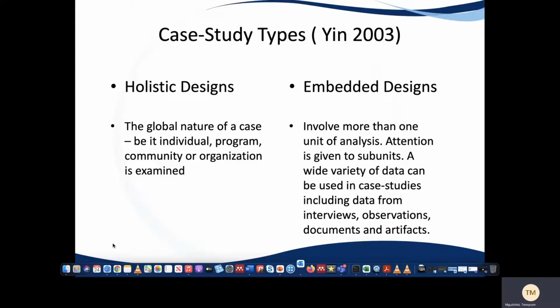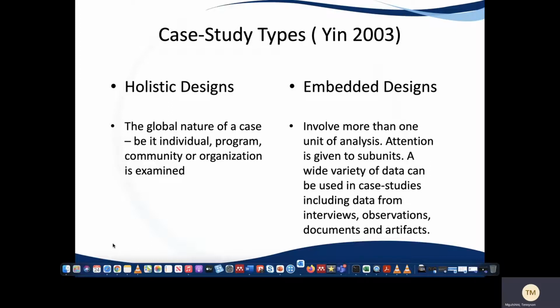Whereas an embedded design is interested in the fact that you may have a case analysis approach to something, but inside that case, there's also opportunity for you to have other units that you call a case.